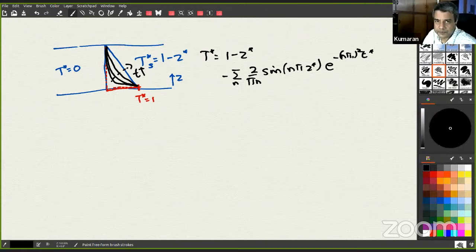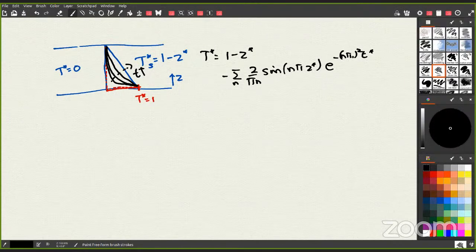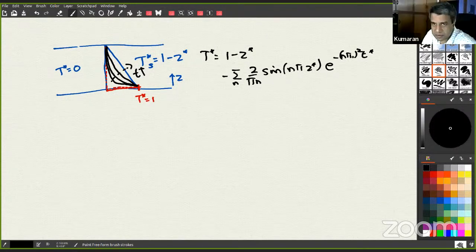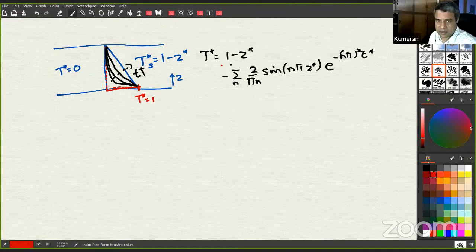If you plot the solution as a function of Z at different instants of time, this is the solution that you'll get. And the second part is the transient part.